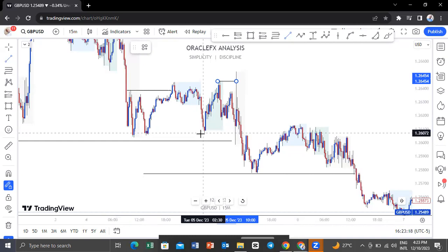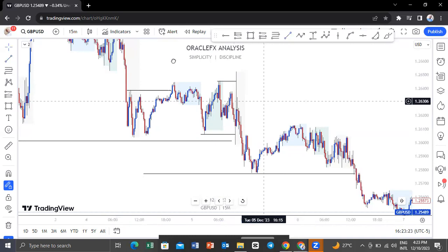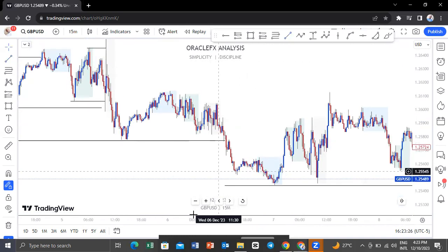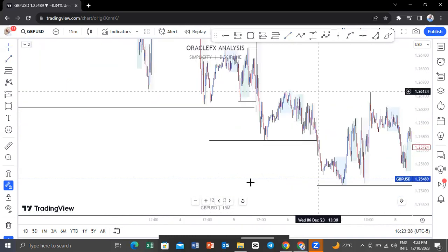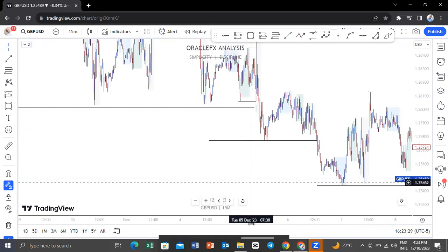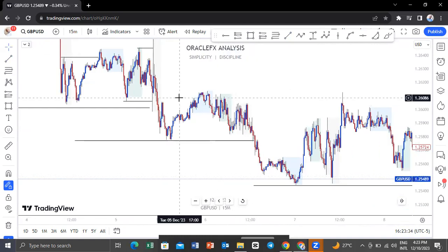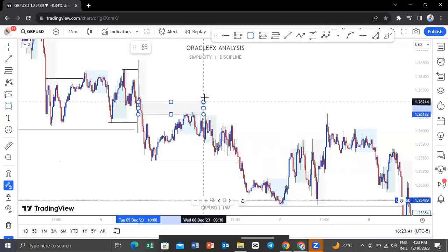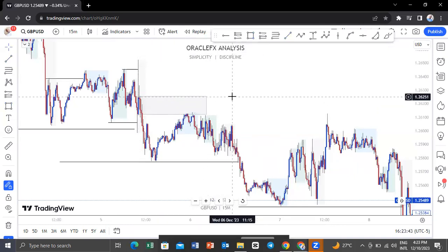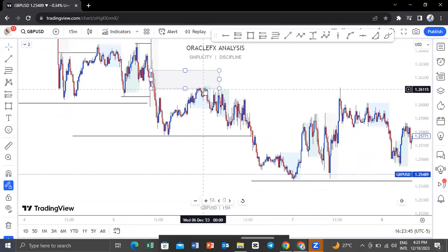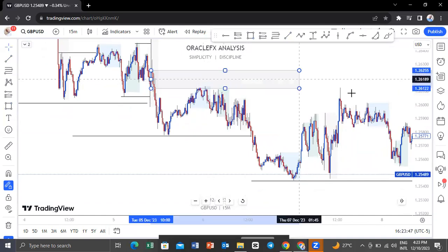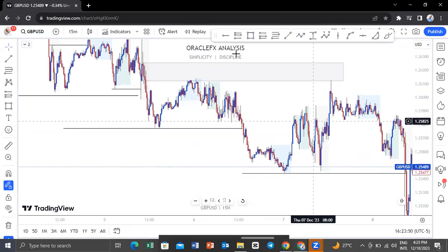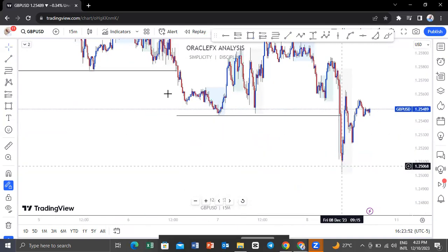So this was the first low that was broken, and we had zones here. We had this zone here, and you can see price tapped into this zone. Yeah, we respected the zone, and you can see it pushed to the downside.